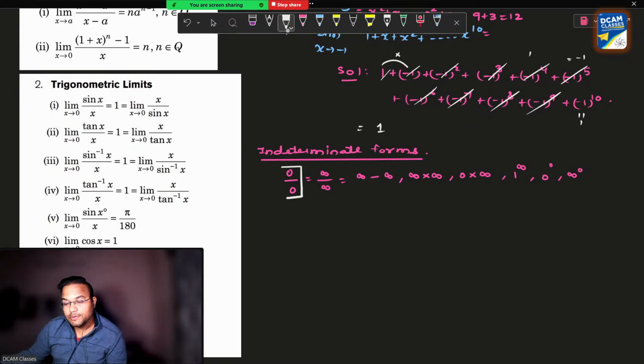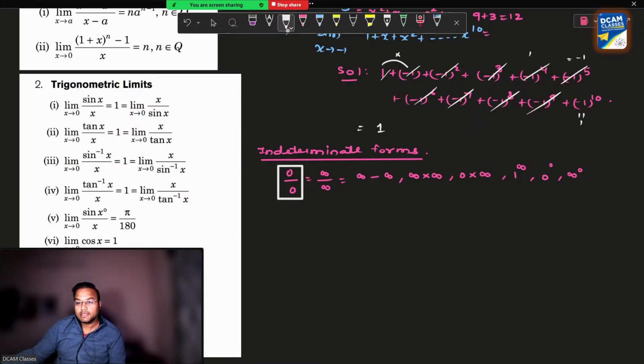Mostly when you will be solving questions, you will be getting an answer of this type, 0 by 0 form. If you are getting a finite answer, it's okay. Your answer is that finite answer. But if you are getting this 0 by 0 form, then you will have to further solve the limits using a few methods.